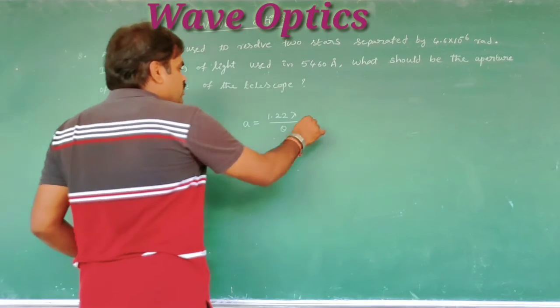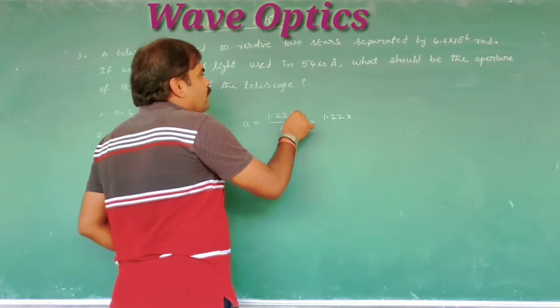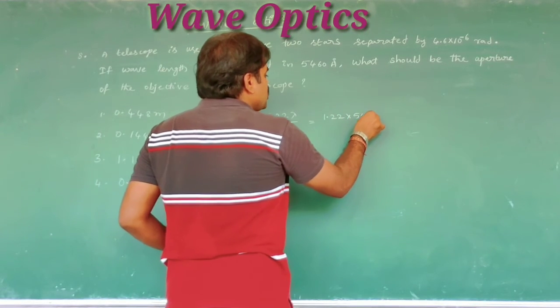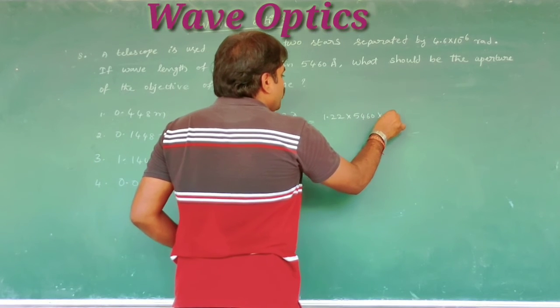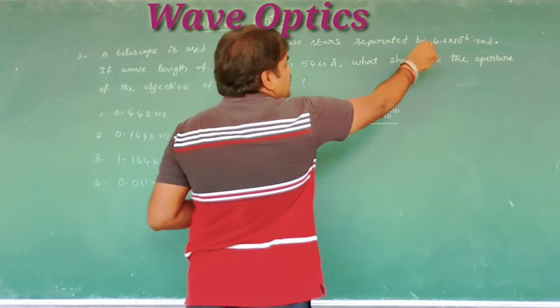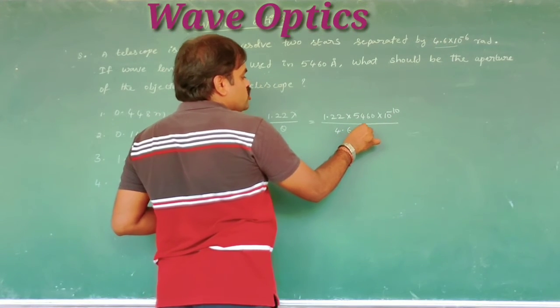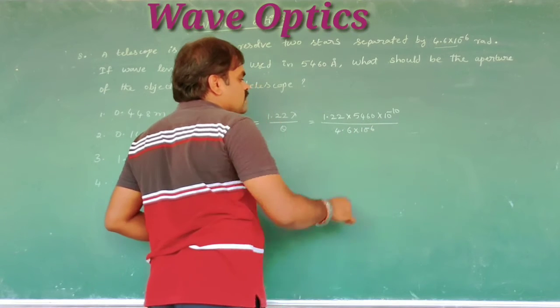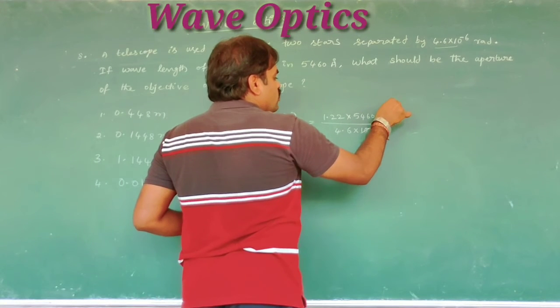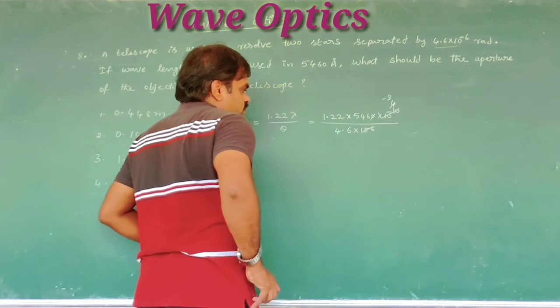Now we substitute 1.22, lambda 5460 into 10 to the power of minus 10, by theta. Theta is given directly in radians, here 4.6 into 10 to the power of minus 6. Cancel, 4, here 3. This is the minus 3.